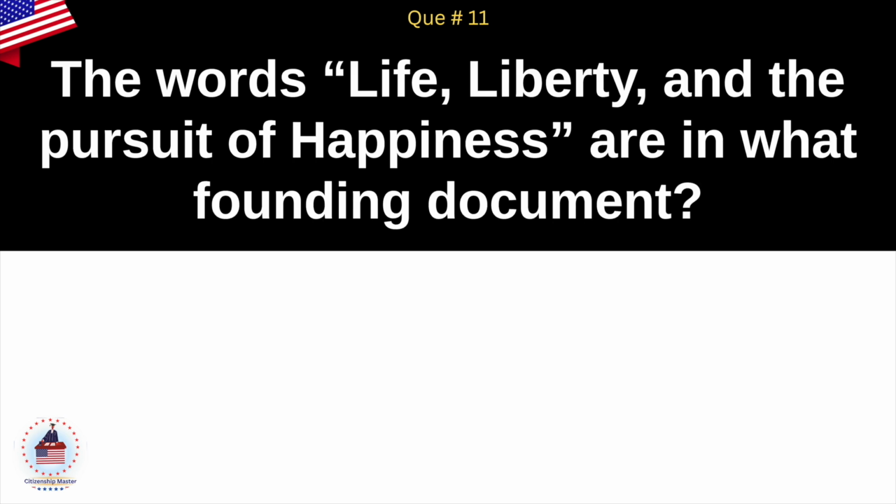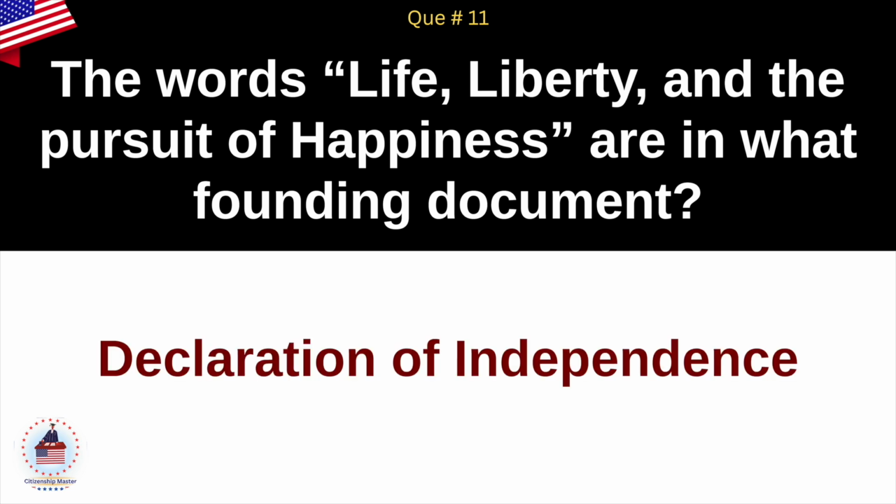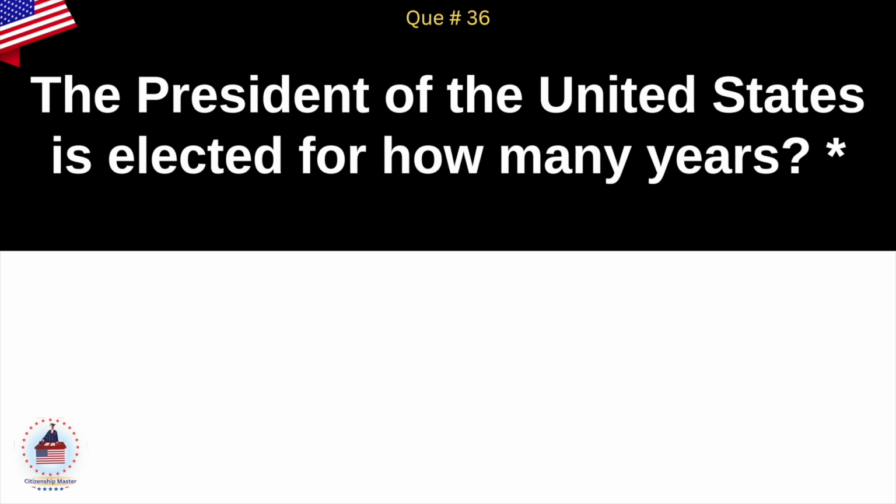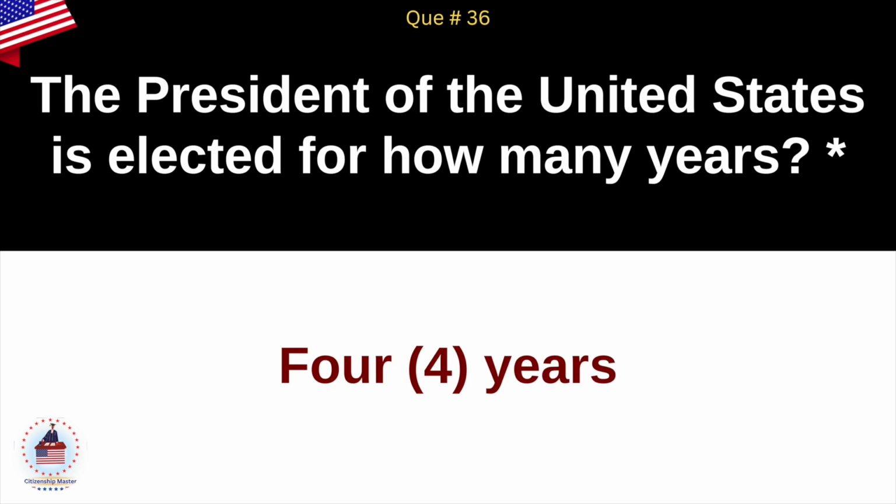The words life, liberty, and the pursuit of happiness are in what founding document? Declaration of Independence. The President of the United States is elected for how many years? Four years.